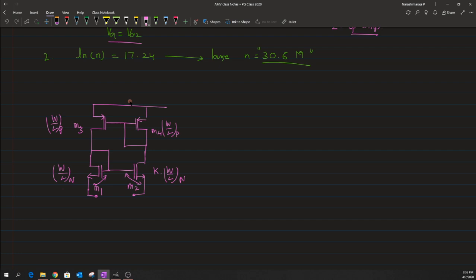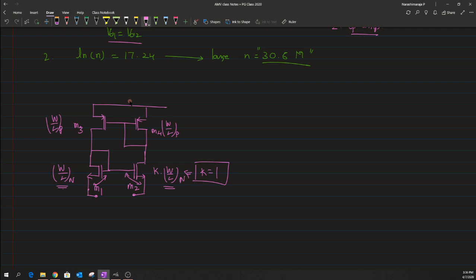The way to ensure that both VGS1 and VGS2 are the same is by having the same aspect ratio, so that the source potential of M1 and the source potential of M2 are the same, right. In that case one has to consider only a factor of k equal to 1.